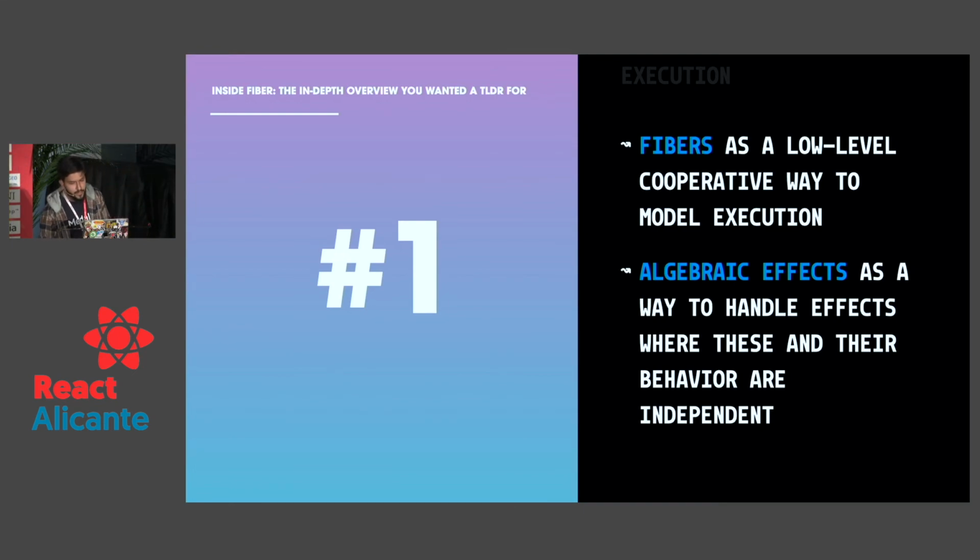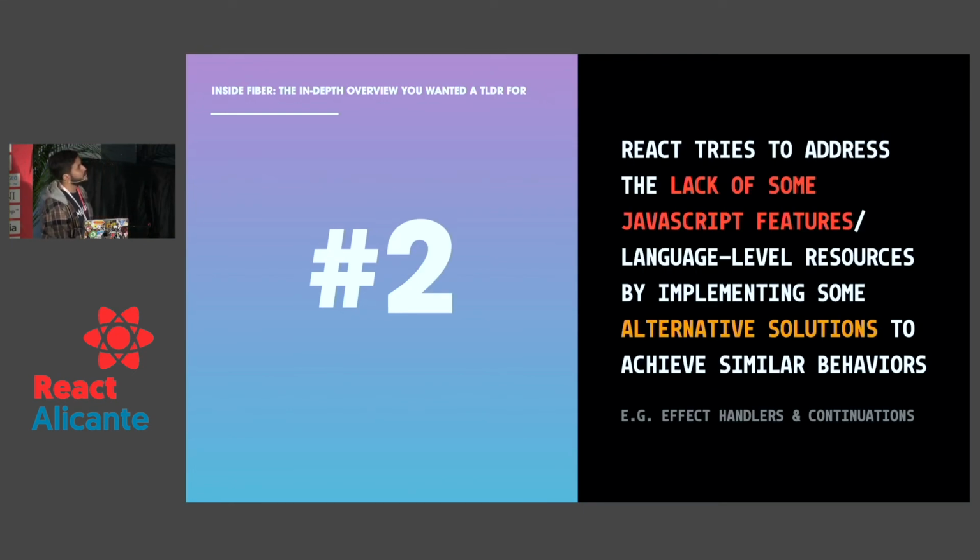The second thing we can notice is that React strongly tries to address the lack of some JavaScript features, language-level resources, or even resources in the browser by implementing their own alternative solutions. So, for example, the first time I saw they were throwing promises, I thought, what a hacky solution, I could do that.